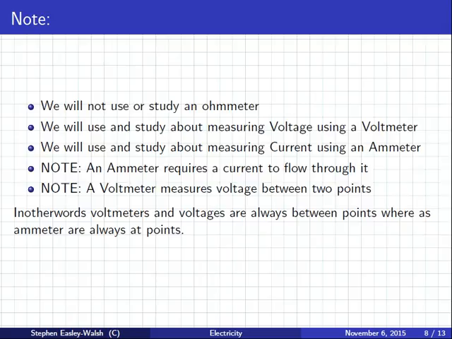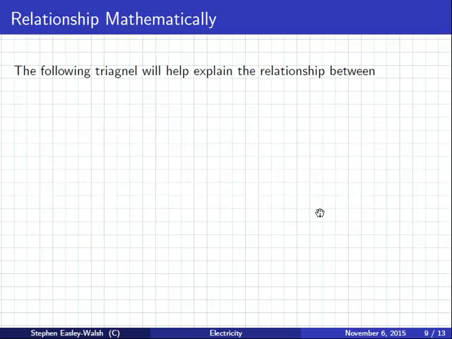Whereas the voltmeter, you clip 2 points on it, and the current doesn't go through the voltmeter. It's like the voltmeter looks at the current here and here. Okay? It's important you know that, and we'll talk more about that when we do circuits later. I've already explained it enough.